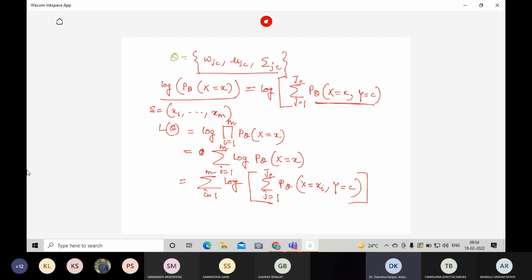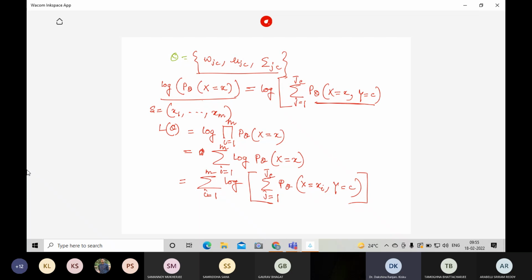That means for a particular class c, we get the summation over this joint distribution p theta, and further we get the summation over the m number of data points which are given in the sample space S.